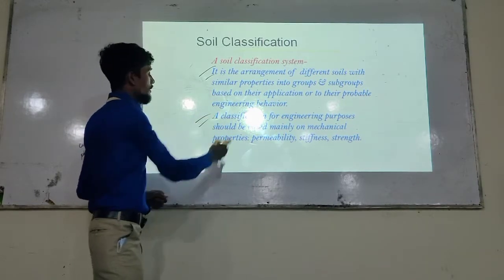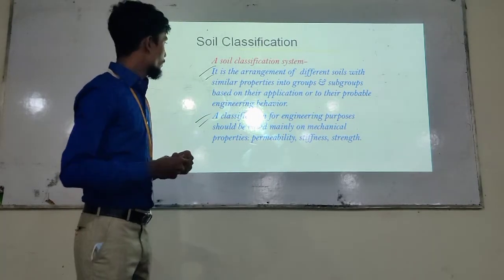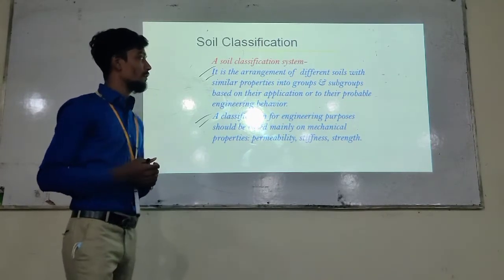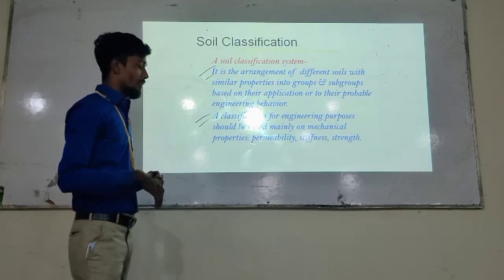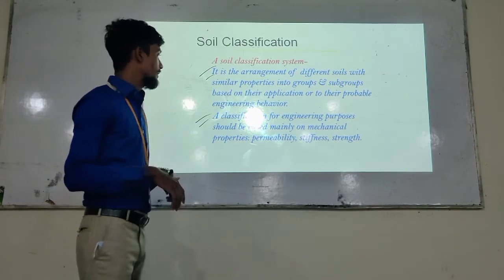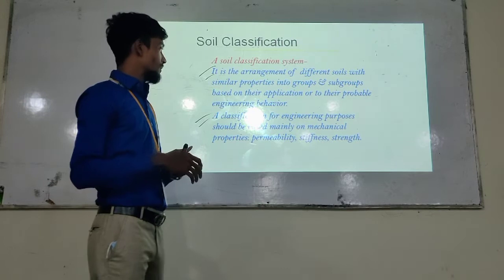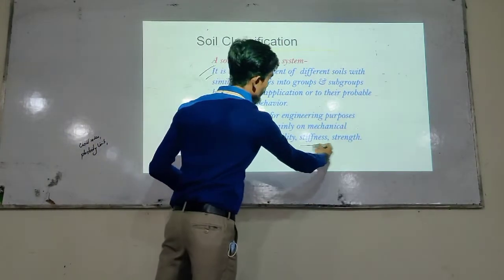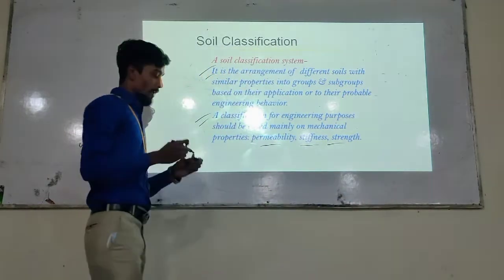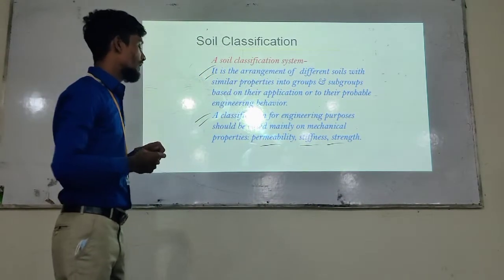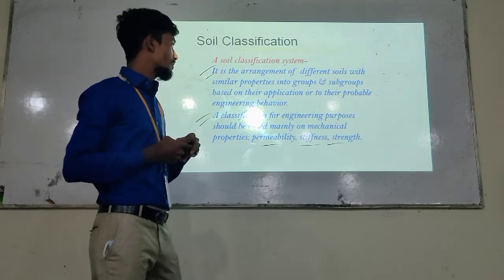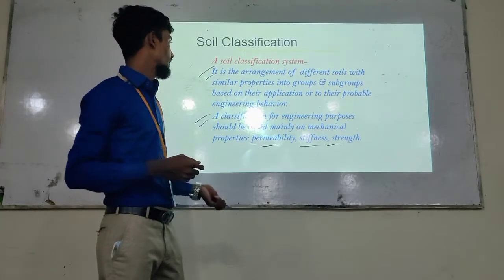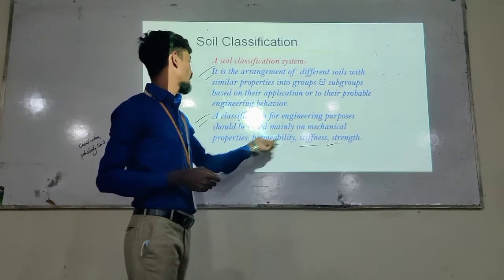In the second part, the classification that we are doing for engineering purposes is basically classifying soils on three characteristics: permeability, stiffness and strength. By dividing these three properties, we divide the soils for engineering purposes, which are called mechanical properties.